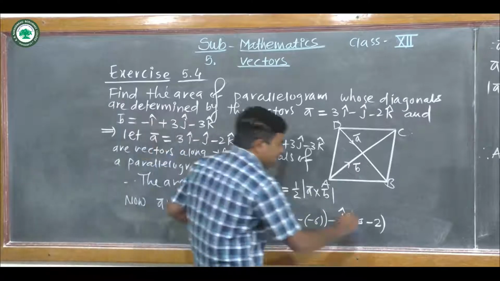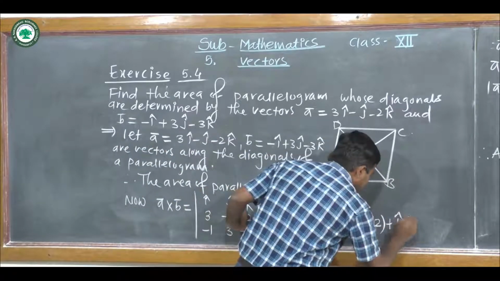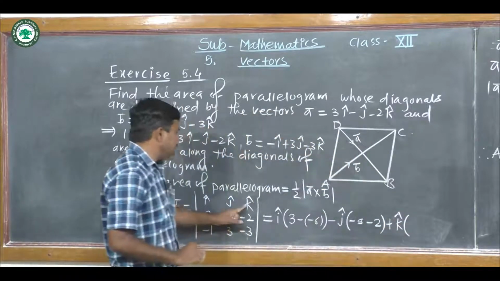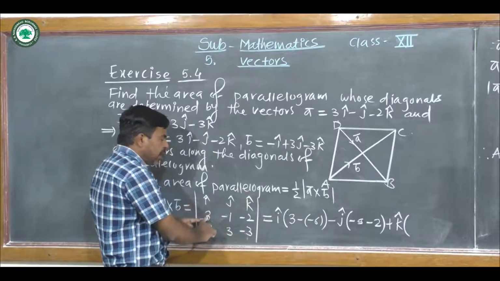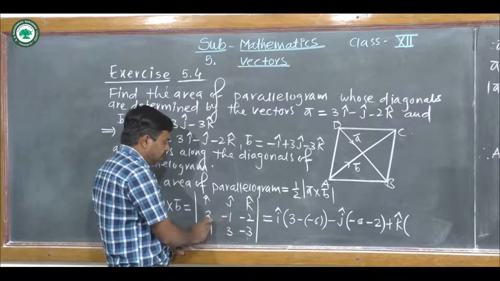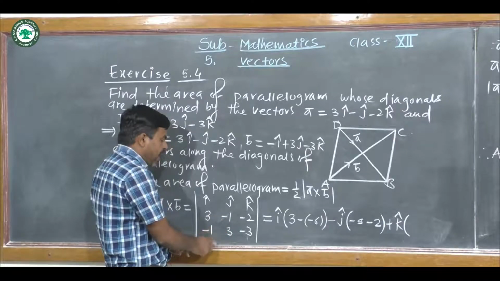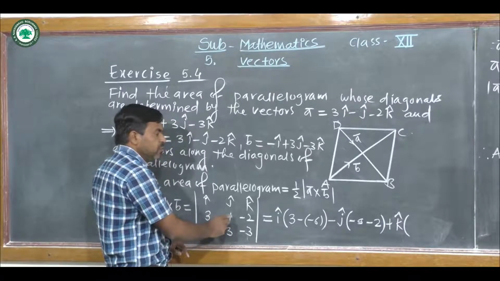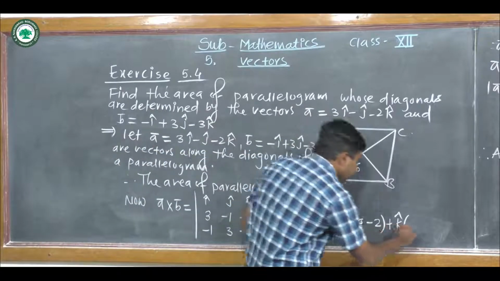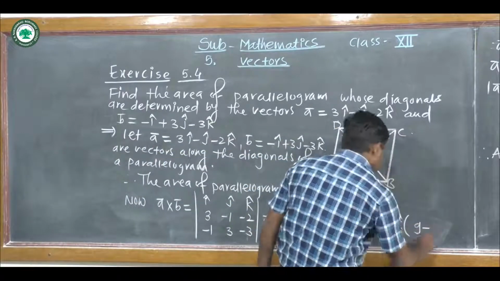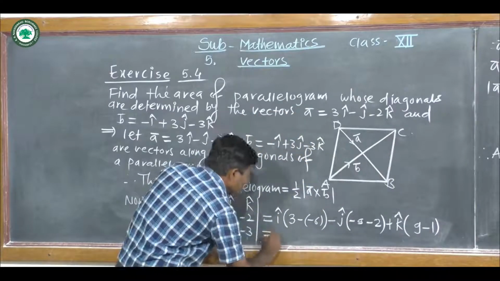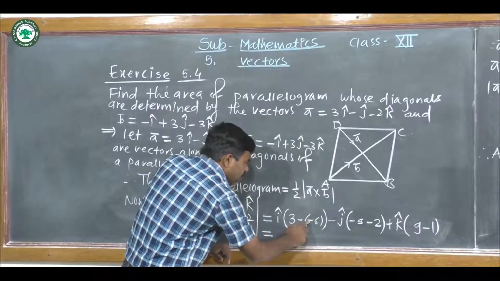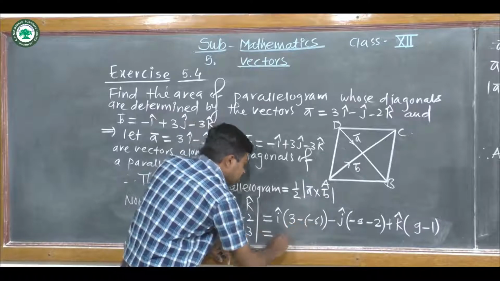The third element is plus k cap in bracket. Now this k cap lies in the first row and third column, so leave the first row and third column and take the determinant of the remaining 4 elements, that is 3 into 3, 9, minus 1 into 1, plus 1. So it is 9 minus 1. Therefore it is equal to 3, minus of minus becomes plus, 3 plus 6, that is 9.